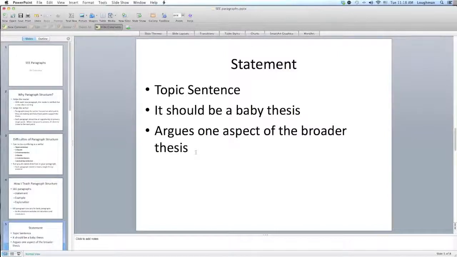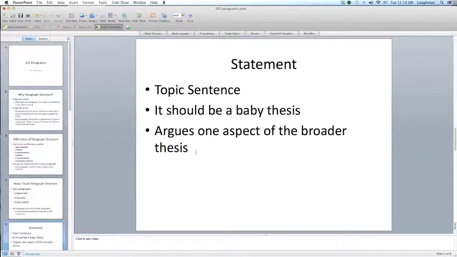I'm not saying that you can't start a paragraph with a quote or a paraphrase or plot summary. I'm not saying that necessarily, but it wouldn't be a C paragraph. And the problem that students have is they want to summarize, they want to quote the entire essay.